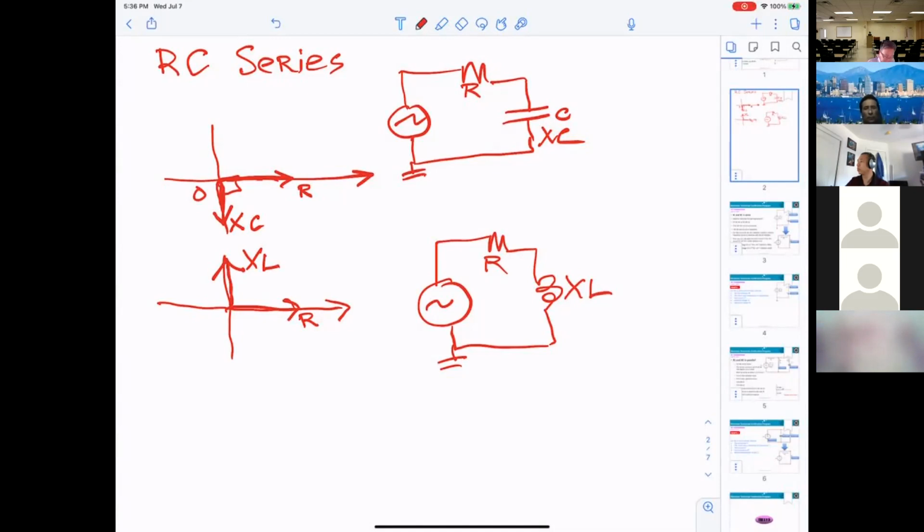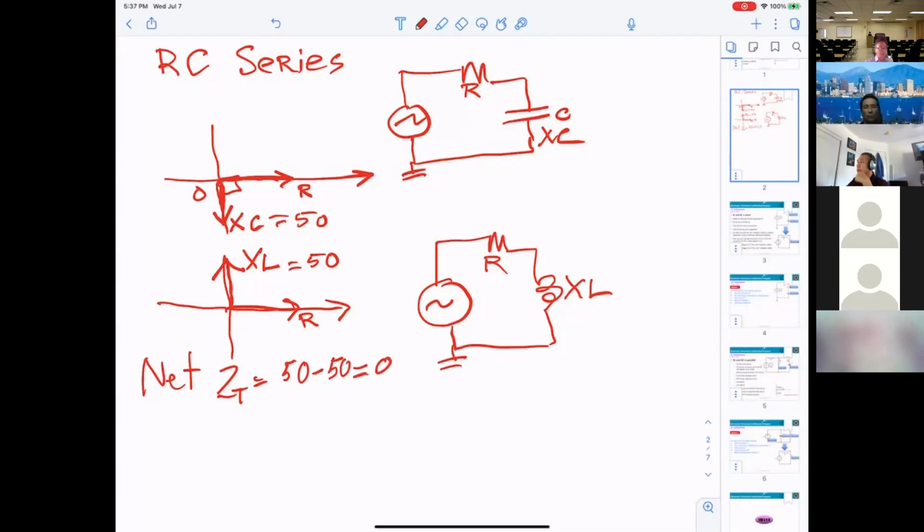Okay? If I give you XC equal 50 and XL equal 50, the net inductive or capacitive reactance in the total circuit will be 50 minus 50.